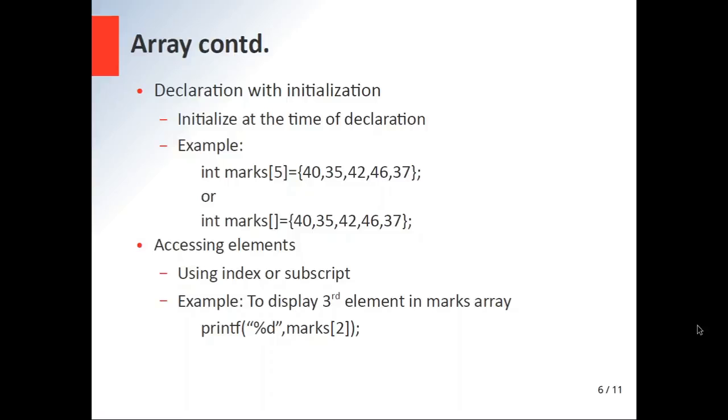The elements in an array can be accessed using index or subscript. The number is specified in square brackets along with the array name. So in this example, to display the third element in the marks array, we can specify it as marks[2], and this corresponds to value 42 in the marks array.